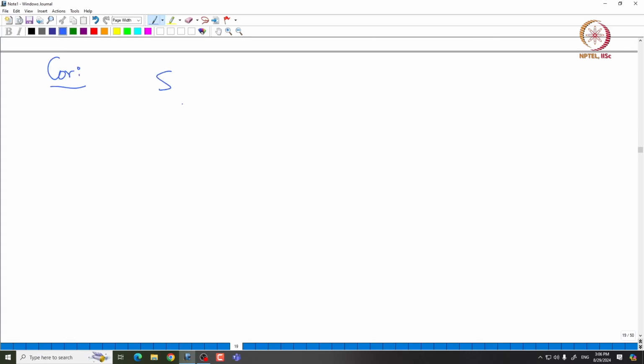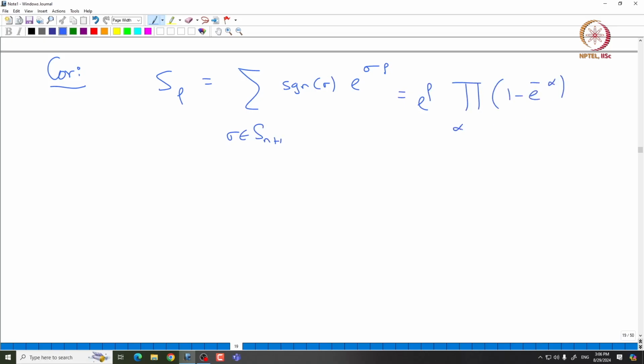We take this S_rho, which is by definition the sum over sigma in S_(n+1) of sign(sigma) e^(sigma rho), which is also given by e^rho times the product of (1 minus e^(-alpha)), where alpha comes from delta plus, which can be rewritten as the product of (e^(alpha/2) minus e^(-alpha/2)), where alpha comes from delta plus.